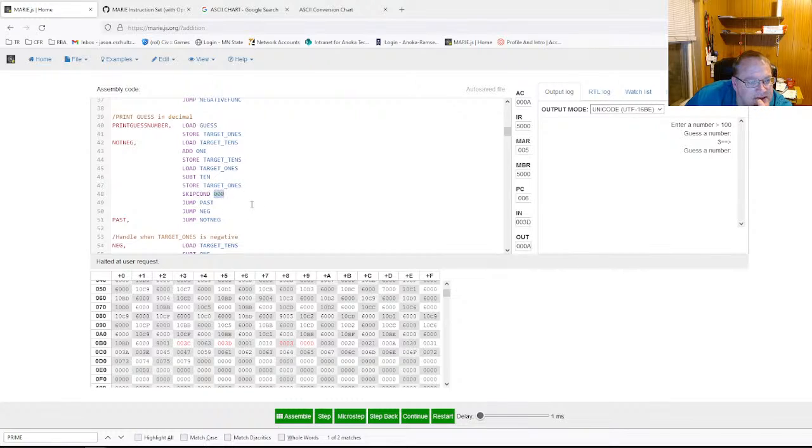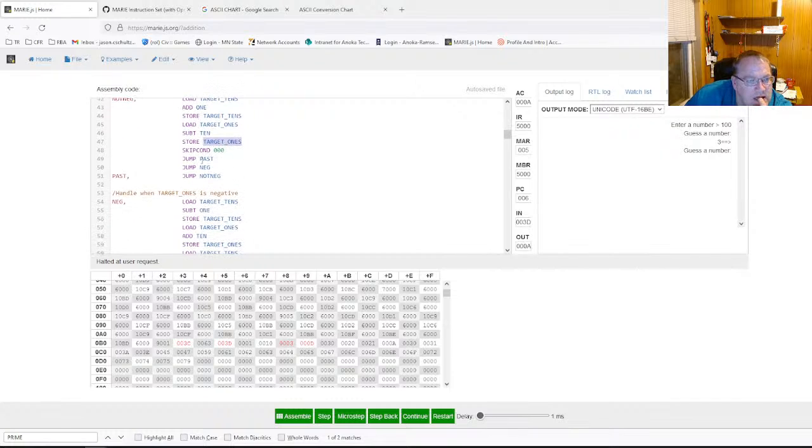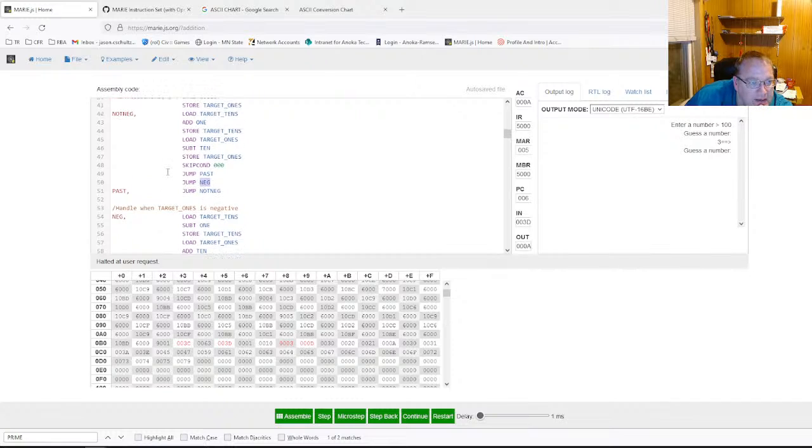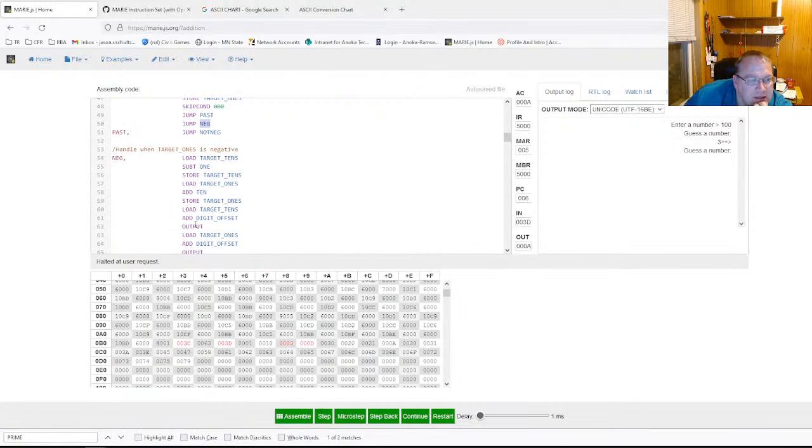And we're seeing if that's negative. So we skip the past and we go to negative, which is here. And past is not negative. Okay, very good.